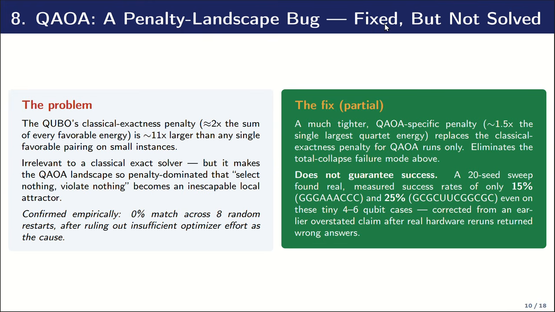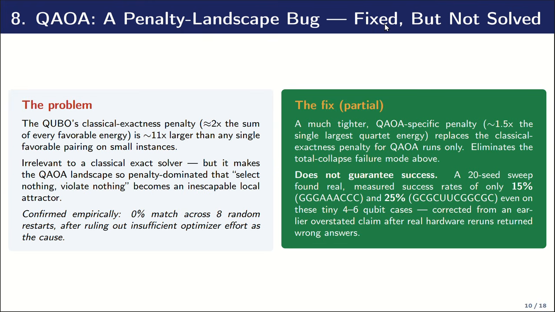But for QAOA, it meant the landscape was so dominated by that penalty term that the optimizer kept collapsing to the trivial select-nothing answer. I confirmed that empirically, 0% success across 8 restarts, and I ruled out "just needs more optimizer effort" as the explanation first. I fixed it with a much tighter QAOA-specific penalty that eliminated the total collapse failure mode.